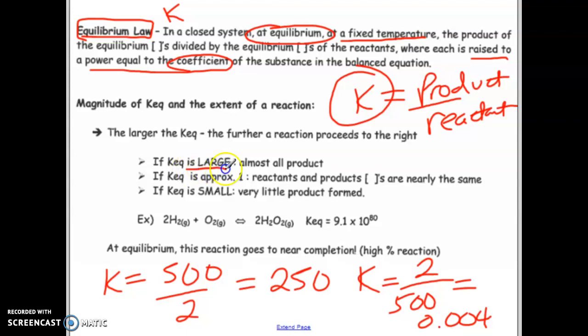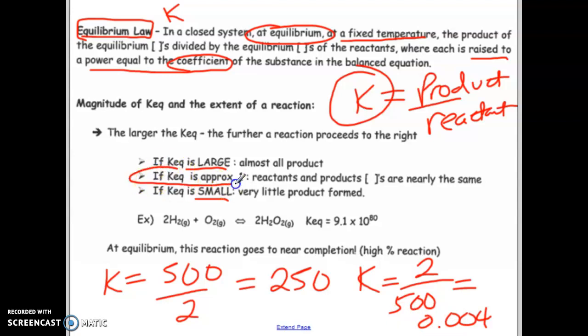If you have a relatively large K value, like in this example, that means you have way more product than reactant. The numerator concentrations are giving us a larger value than the denominator concentrations. And vice versa. If your K value is small, that means you have way more reactant than product, meaning your equilibrium has more in the reverse reaction than in the forward.